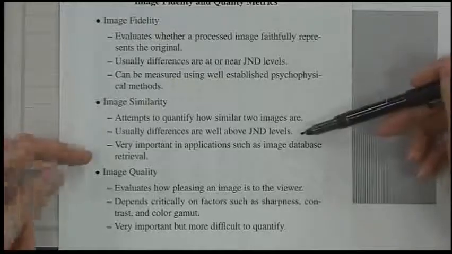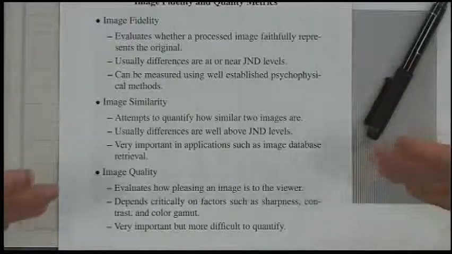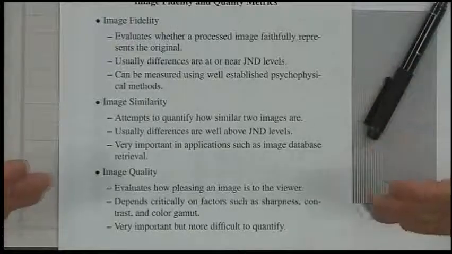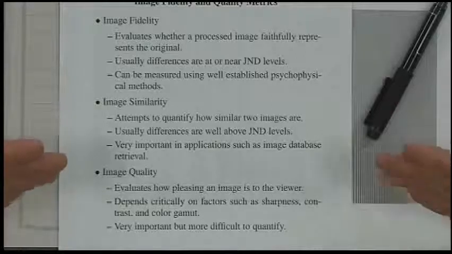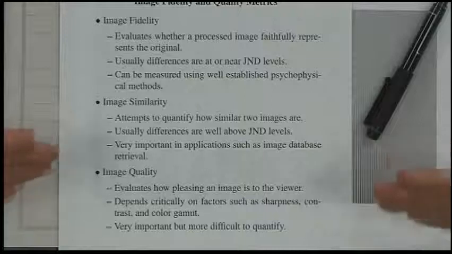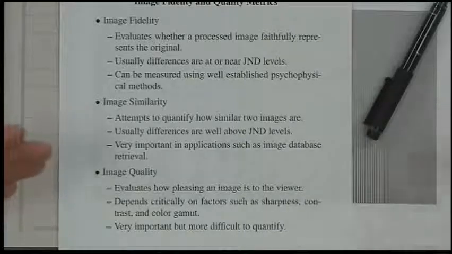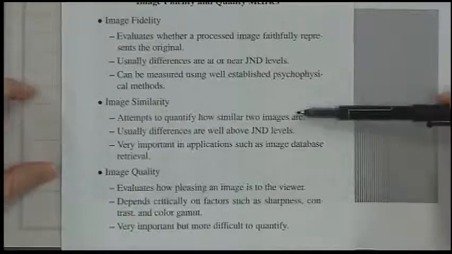An example is if you have two images of an automobile, two different models, two completely different pictures. A person would look at those and say that these are similar, relative to a picture of a car and a picture of a face. So there is some kind of a metric, but it's very subjective.